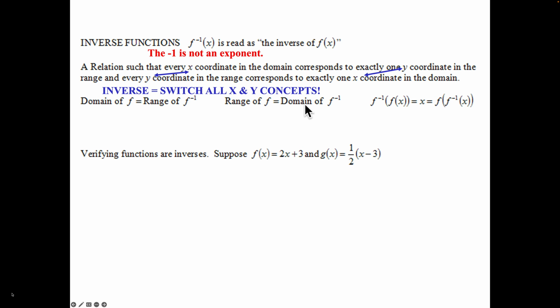Those are your x's. So the flow chart looks like this. If I have a function, my x goes into the f of x function and out comes a y. Now you take the y coordinate, you put it into the inverse function, and I have to come back to where I started, x. This concept gives us the inverse identity. The inverse of f of x has to equal x. F of the inverse of x has to equal x.